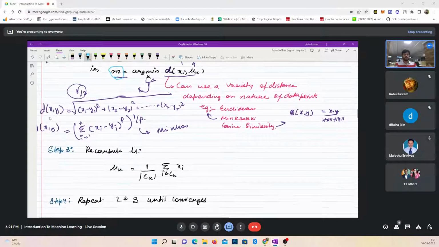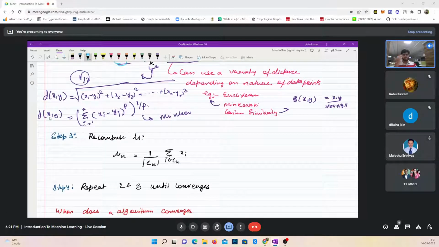Now in step 3, we will recompute this mu i, the center points. How would we recompute? We would just take an average of the xi's that have been assigned to that cluster. Now we will repeat steps 2 and 3 until this thing converges.